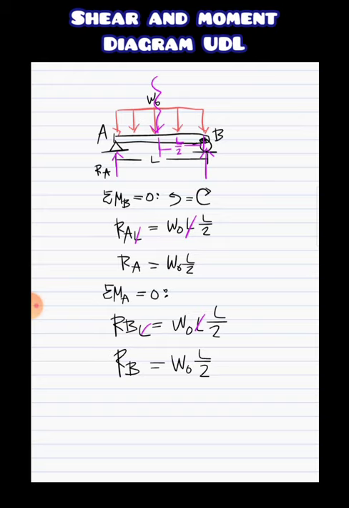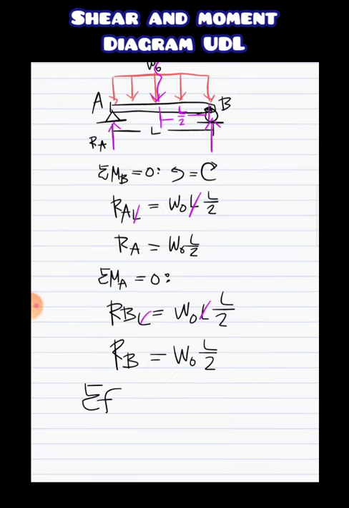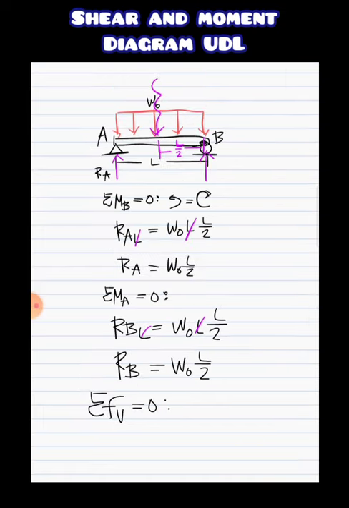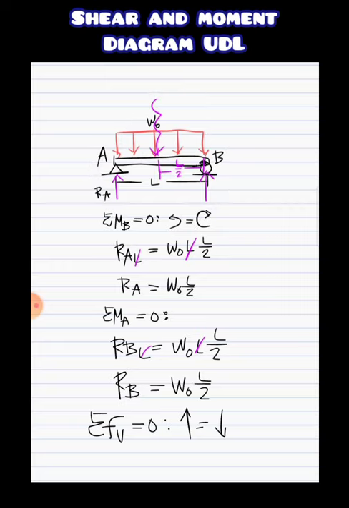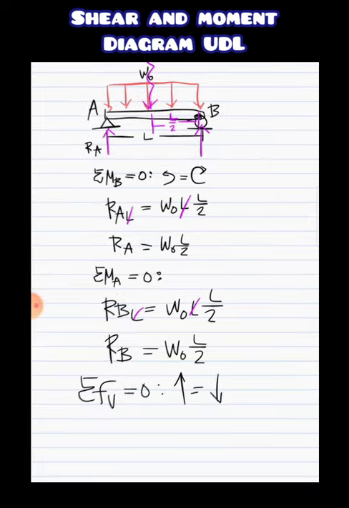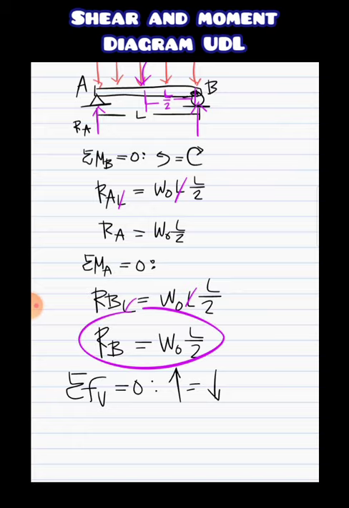So by the drawing we have here, the free body diagram, we can say that the sum of the forces vertical must be equal to 0. And so all the upward forces must be equal to the downward forces for this to be in equilibrium, for this not to move. With that, we can confirm that our reactions are correct.